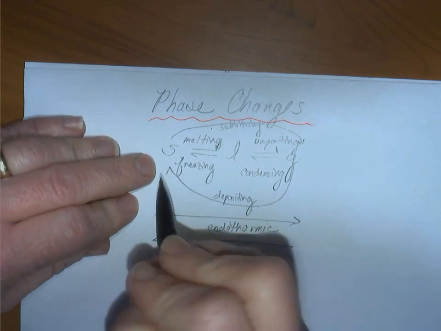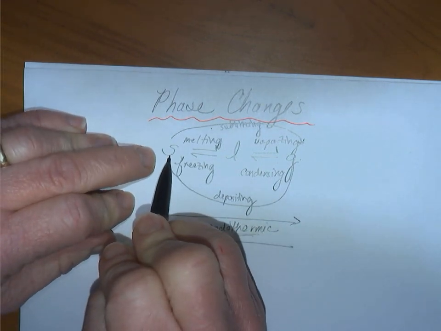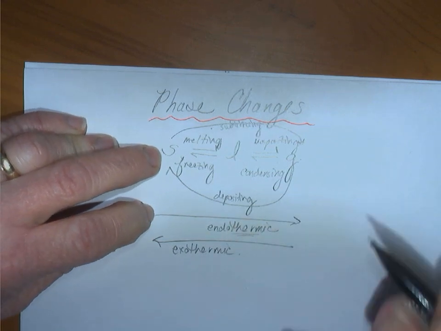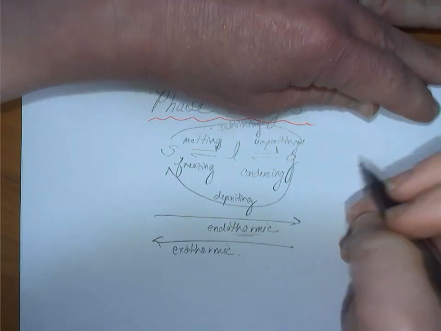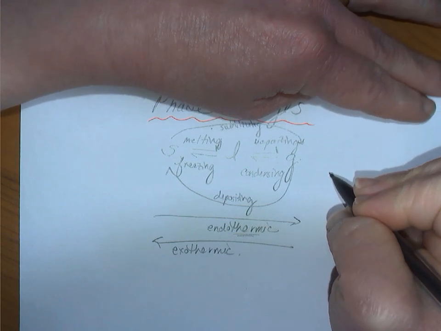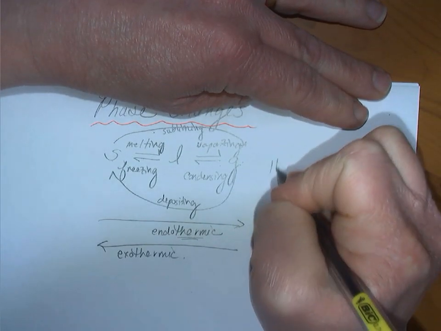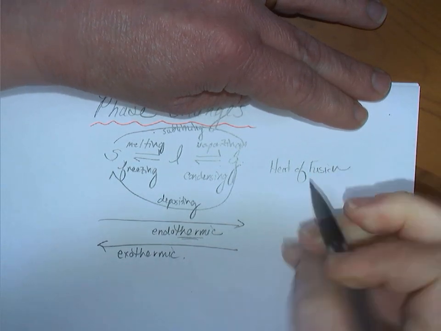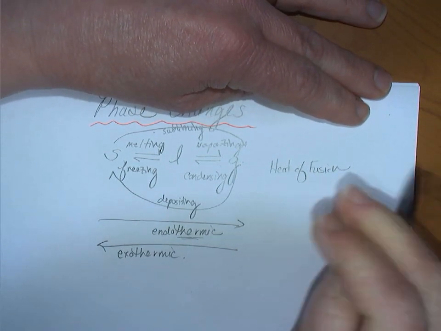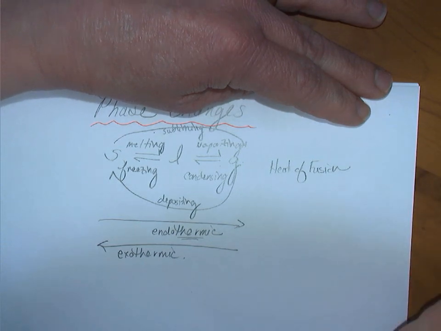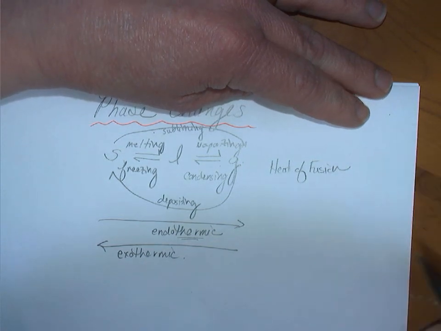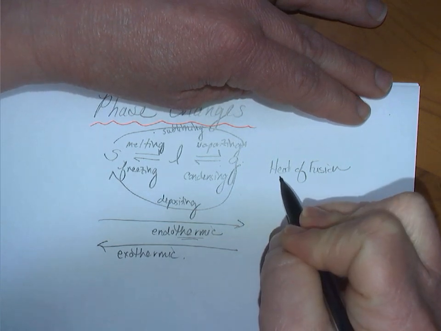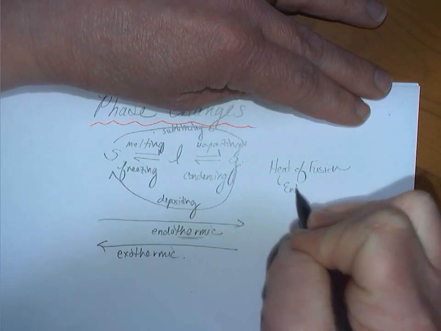Now, to actually go from solid to liquid, again, that's going to require the input of energy. And we actually give that a special term. We call that the heat of fusion. Now, in chemistry, if we're undergoing a phase change or a chemical process and we're not changing the pressure, then we often can rename heat enthalpy.